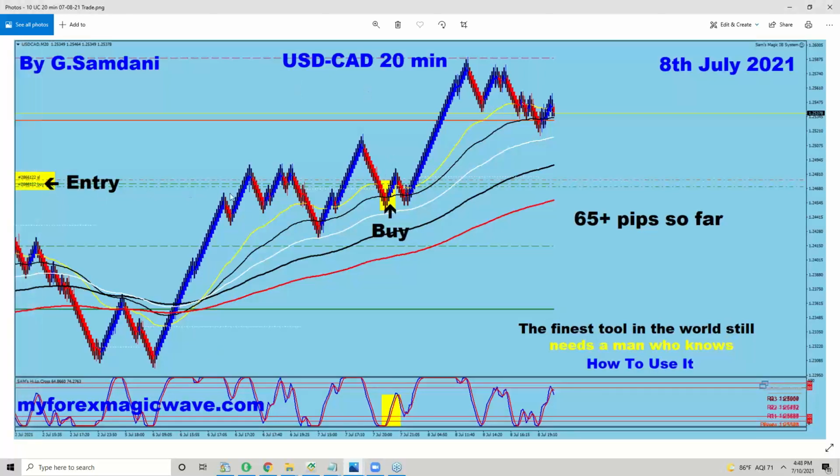So this is a buy order here, and it started to go up all the way here. I should have closed here, but I waited, and then it started dropping. So I said, okay, no problem, 65 pip. And the pippage is not from here to the top, it is at the time I am closing. So 65 is from the entry point to this yellow line, which was the current price at that time.